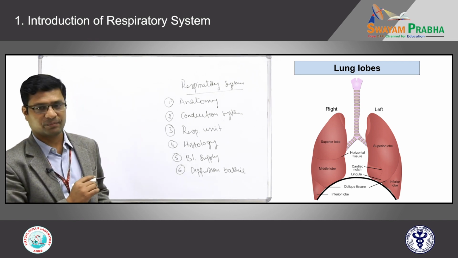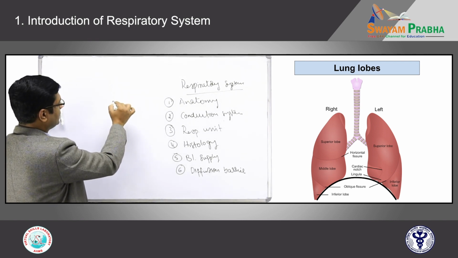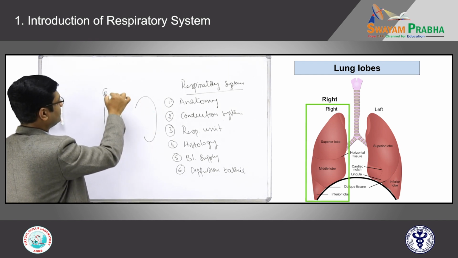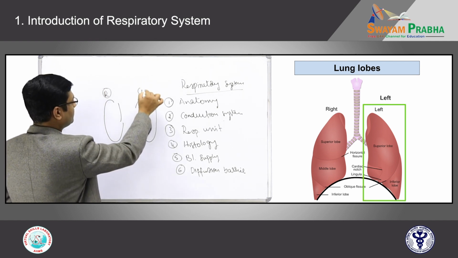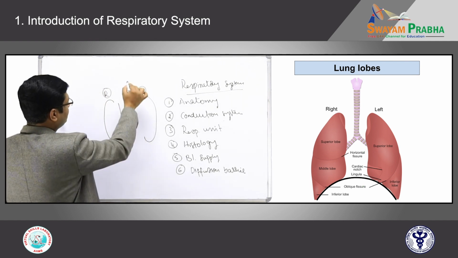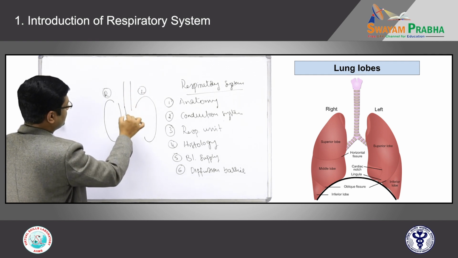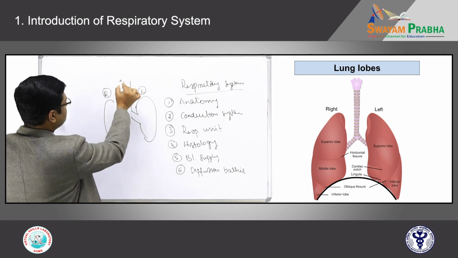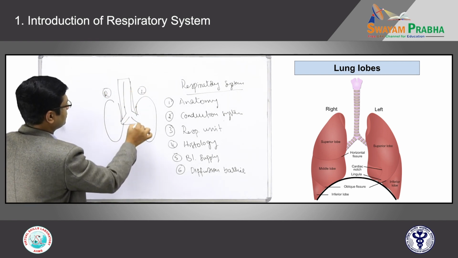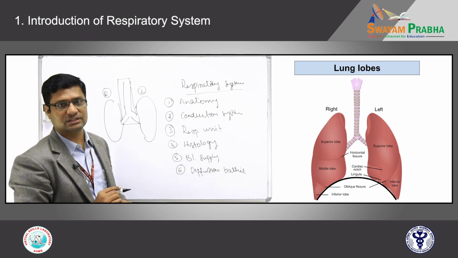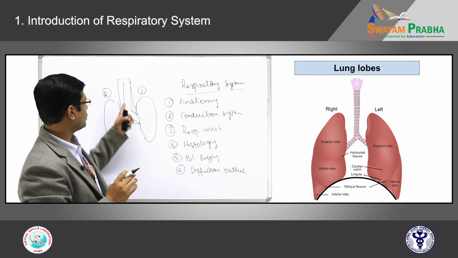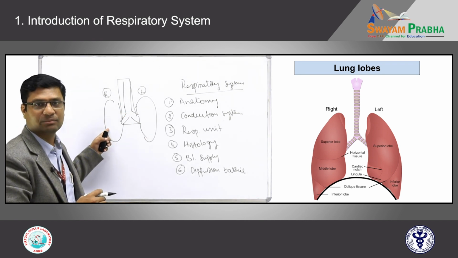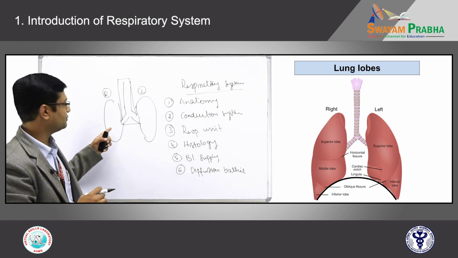If you see that picture, the respiratory system consists of two lungs, one right lung and one left lung. Both these lungs are connected by a tracheobronchial tree. This part we call the conducting system. The main function of the tracheobronchial tree is to conduct the gases and make the gases reach the periphery of the lung parenchyma, where exactly the gaseous diffusion takes place.